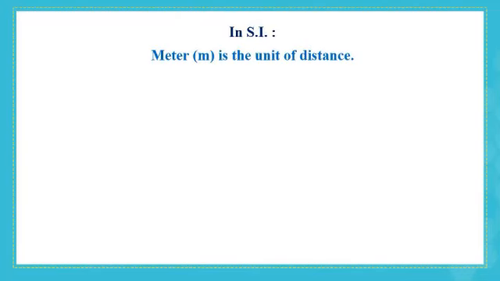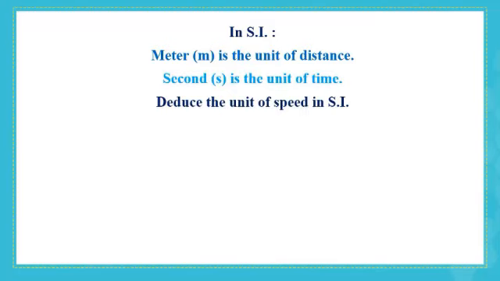In SI system, meter is the unit of distance. Second is the unit of time. Deduce the unit of speed in SI system. Speed is equal to distance over time. Unit of distance is meter. Unit of time is second.